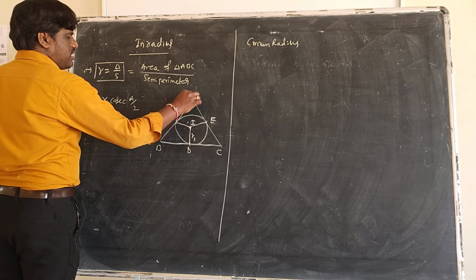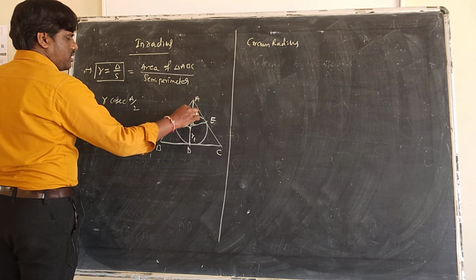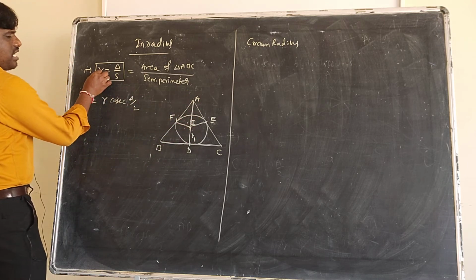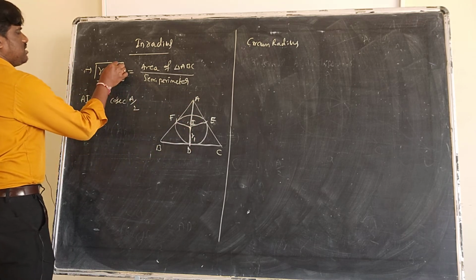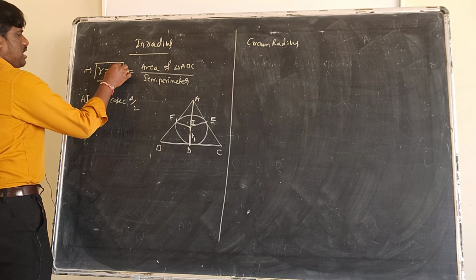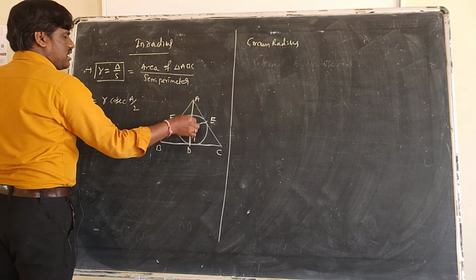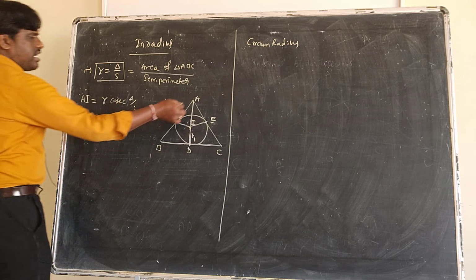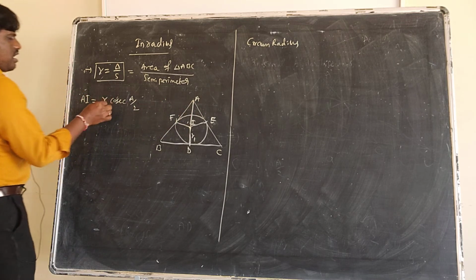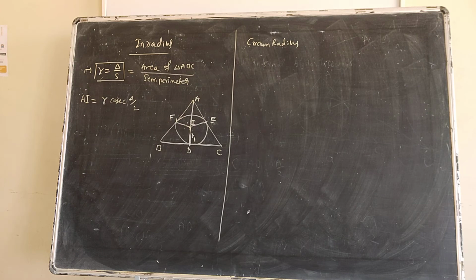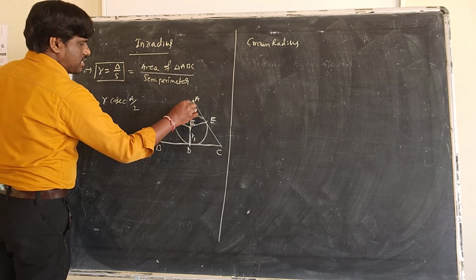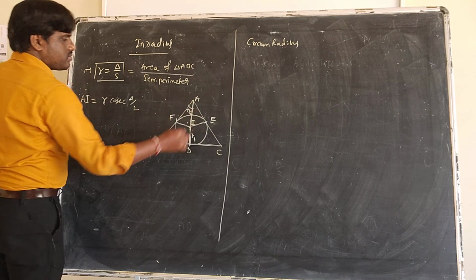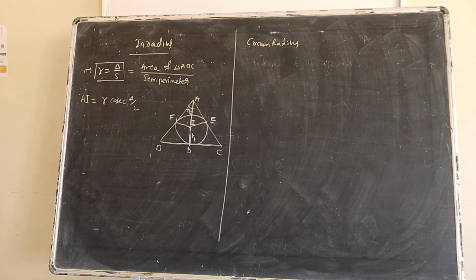If I want to find the length of AI, ID is the radius, which is delta by S. Nobody will ask for AI, but if somebody asks, then it is R into cosec A by 2. A by 2 is because this is the angular bisector; the incenter is formed from angular bisectors.